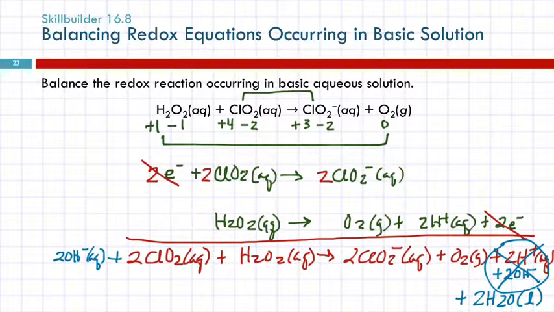Now this reflects the reaction in basic solution. Sometimes when you balance an equation like this, there might be other H2Os in the products or the reactants, and then you have to take care of those. But that's not usually a big deal.